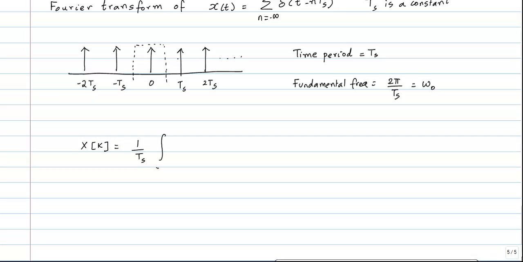And then the Fourier series coefficients x of k are given by 1 over the time period, integral negative ts over 2 to positive ts over 2. And one period of this signal is simply given by delta of t, right, times e to the j k omega naught t dt.